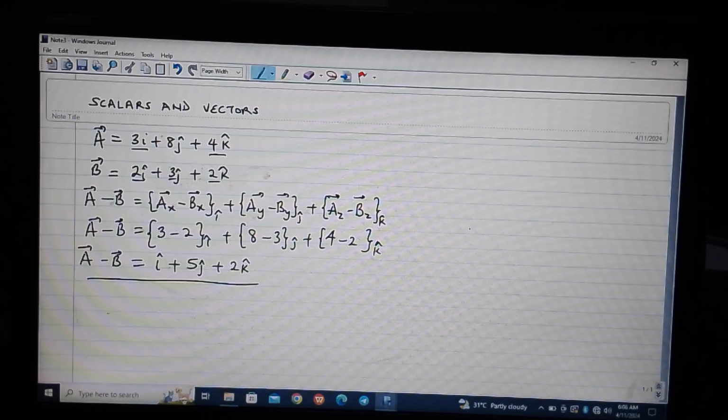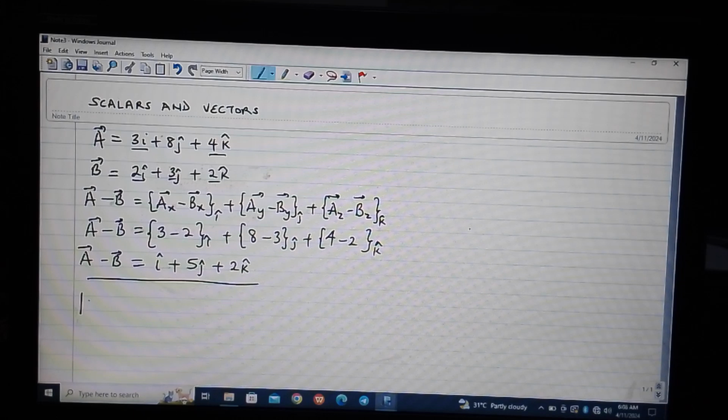Now we can find the magnitude of this vector A separately. We can find the magnitude of this vector B separately. That can actually be done using Pythagoras rule. So if I have a vector, let's say both vectors now, I want to find their magnitude.